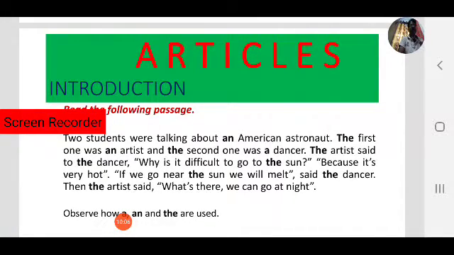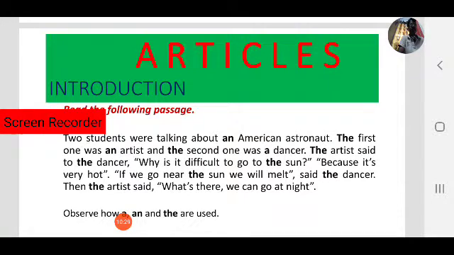The is a definite article, for a particular person or thing. Before a particular noun we use the. So here we are referring to the artist. The artist means already we have discussed the artist in the previous sentence, there an artist. Again we are going to talk about the same artist, that's why we use the.